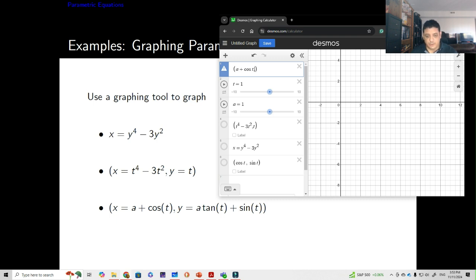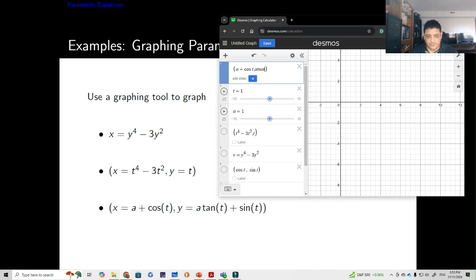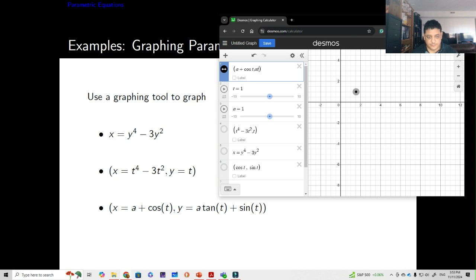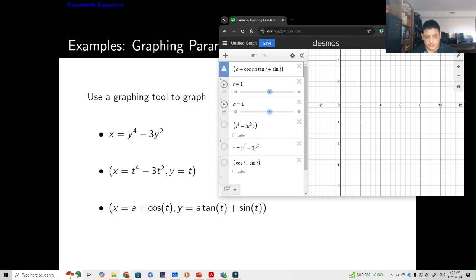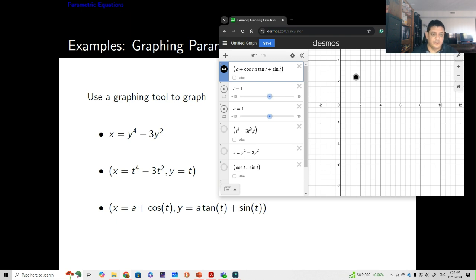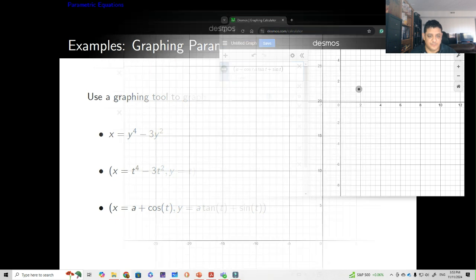Now I'm going to go with y being tangent of t plus sine of t. And so now you can see the point here. So this is t equals 1. But if I move the point, then you can see how this is moving along the different places.